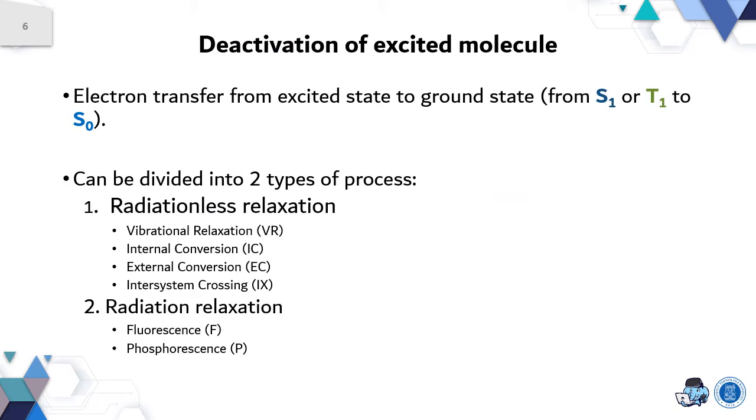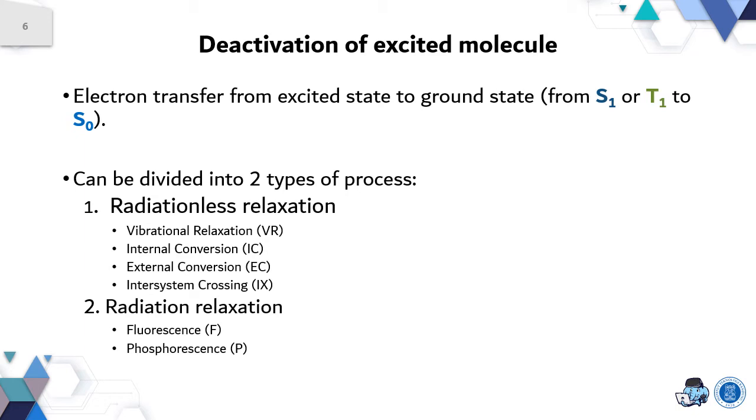Okay, and how is the deactivation of an excited molecule? An excited molecule can return to its ground state by a combination of several steps. These are two types of deactivation process: radiation-less relaxation and radiation relaxation. What is radiation-less relaxation? This is deactivation without emitting any radiation or any light.